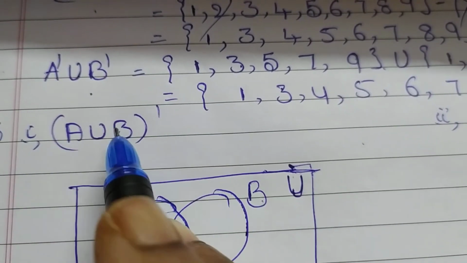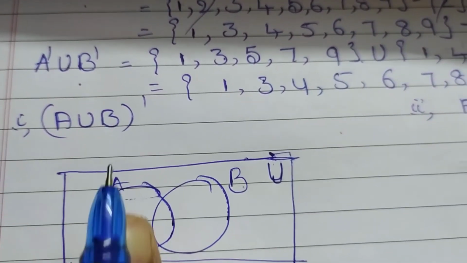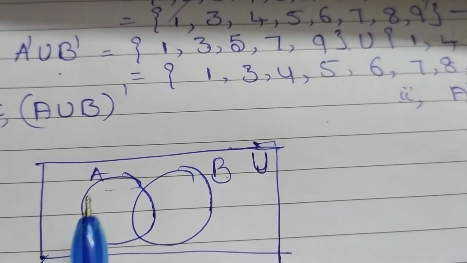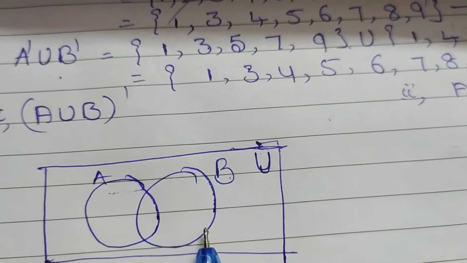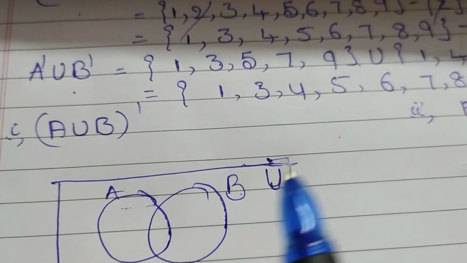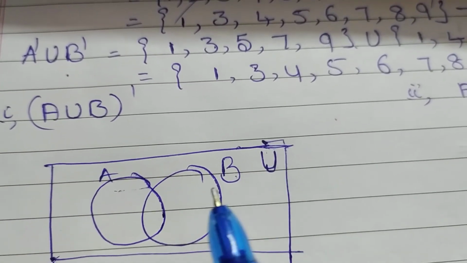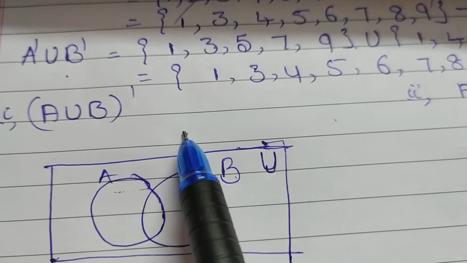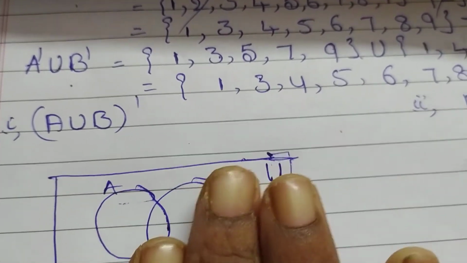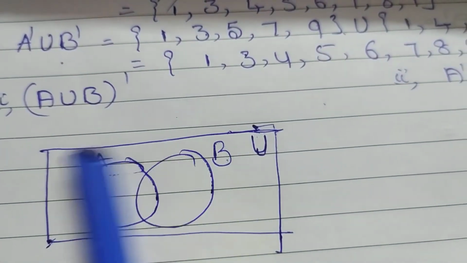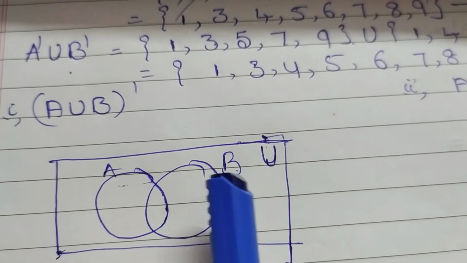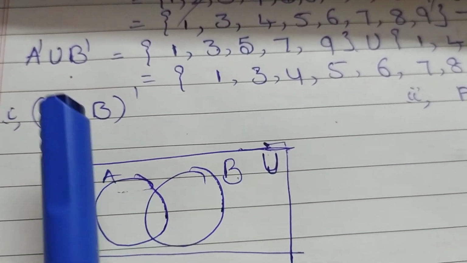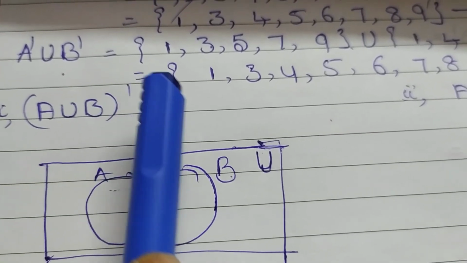Now they want A union B. A union B means this whole thing, whatever A and B is there, that whole thing will be there. So that complement they want. Complement of a set means other than that set, whatever is present in the universal set, all of that will come under its complement. Now they are asking (A union B) whole complement.